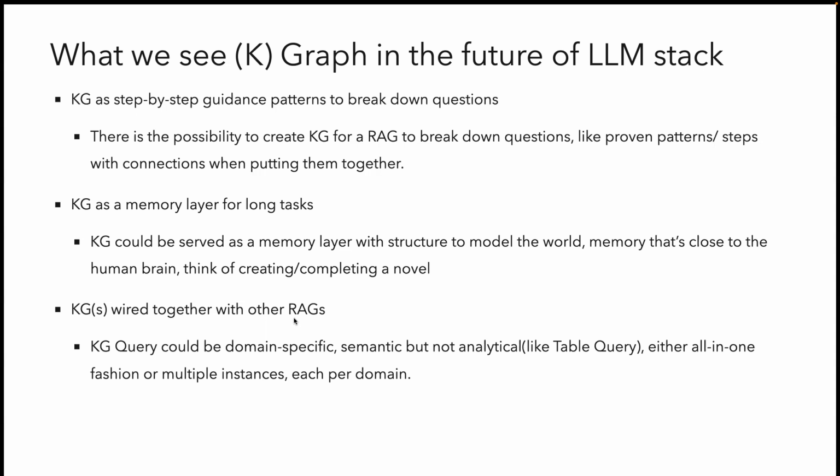So maybe we can introduce different existing knowledge graphs as some domain-specific query targets, and work together with others, maybe some tasks related to chart building or analytical things. That can be where different table RAG comes in, etc.